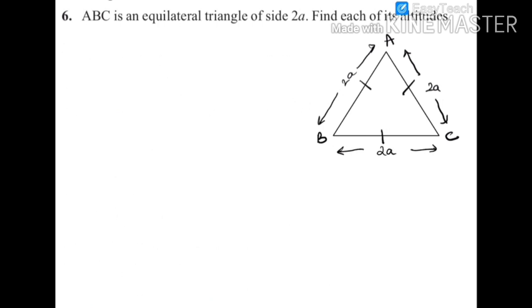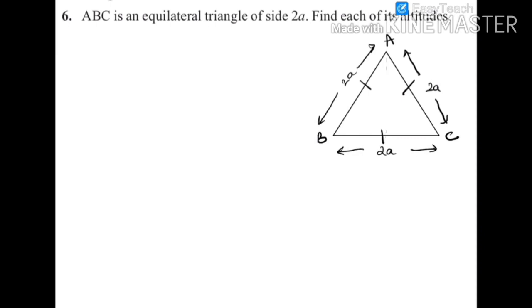The question is to find each of its altitudes. Each triangle has three altitudes, and since this is a symmetrical figure, as all its three sides are equal, the length of altitudes in this triangle are going to be equal.